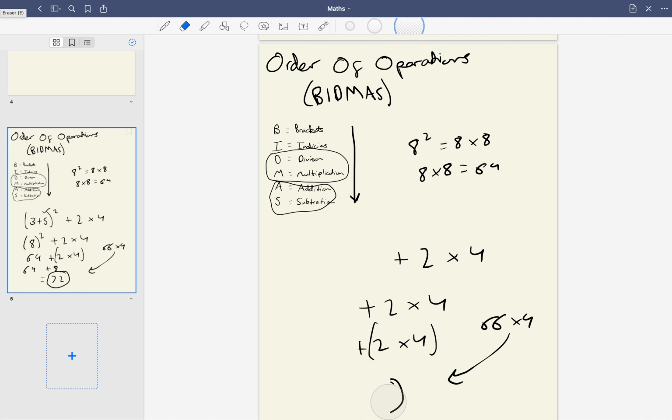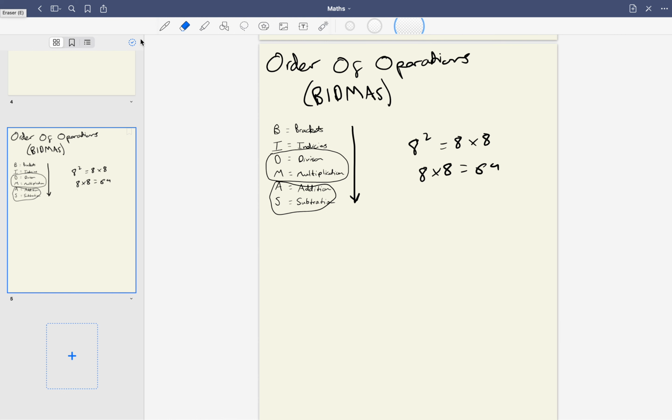Now, the reason why I grouped multiplication and division, and addition and subtraction together is that it doesn't matter what order you do them in. You'll notice that the D is higher than the M, so you might think that you do the division before the multiplication. So let's say I've got 7 times 3 divided by 2.